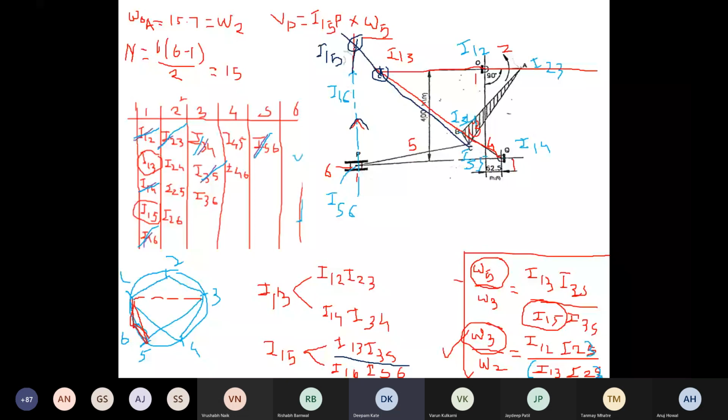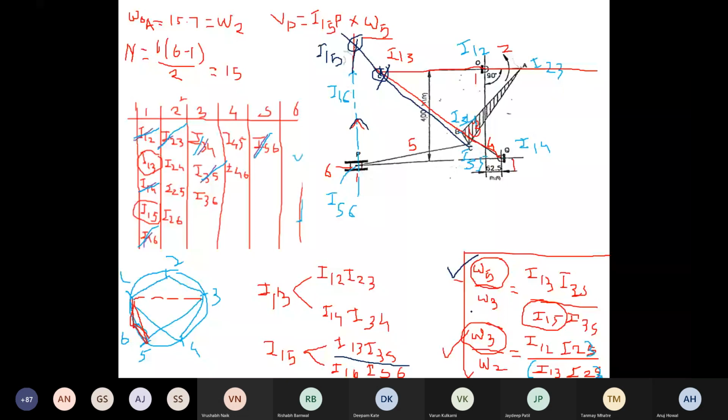Okay. Then you will get I15. You have to find out omega 5. How will we put omega 5 here? I13 I35 distance, meaning I13 to I35, which is at C, the A distance, divided by I15 I35, meaning I15 directly to C distance, put it there. Omega 3 you have to find using the previous formula. Okay, you will get omega 5.